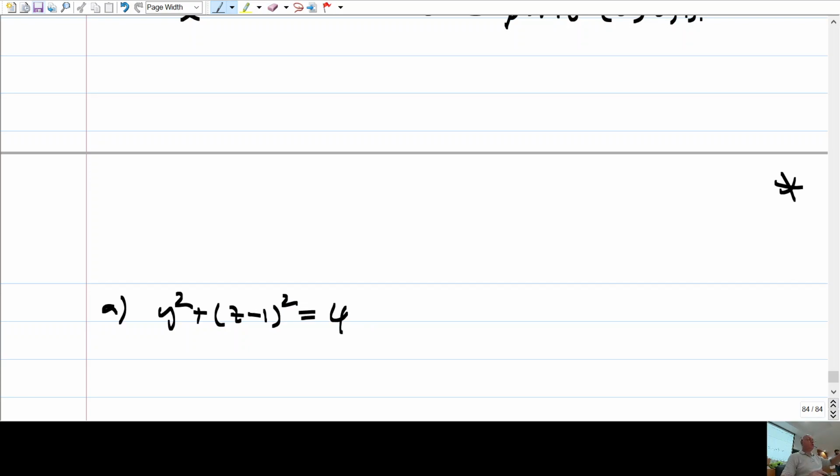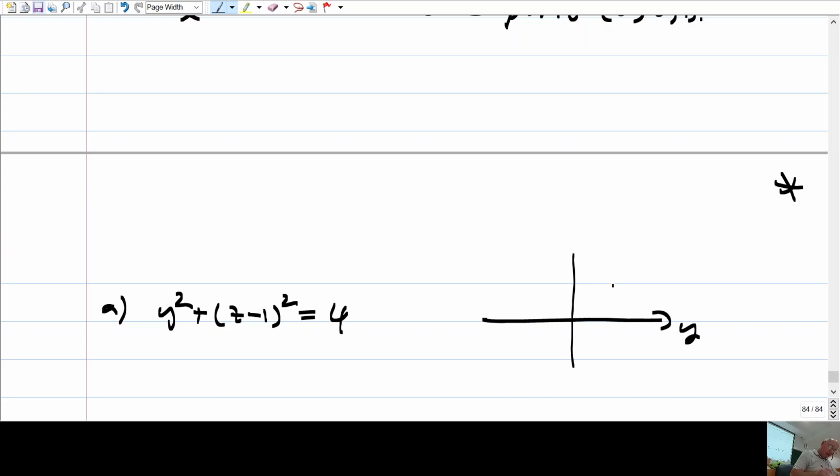Now, if you don't see the x coordinate, this is just the circle equation in the yz plane, right?